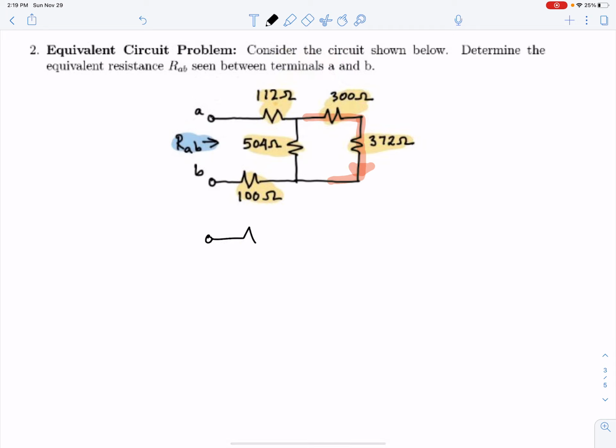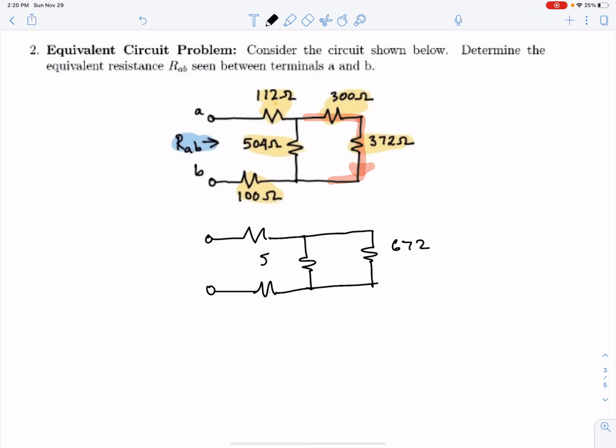So I can take this step at a time, only changing the things that have changed. I can combine those, and I know 300 plus 372 is 672.